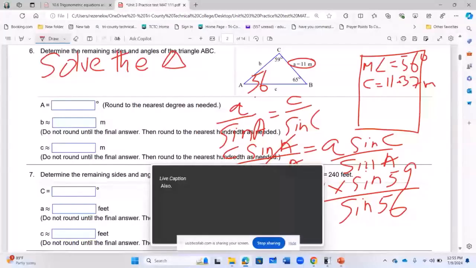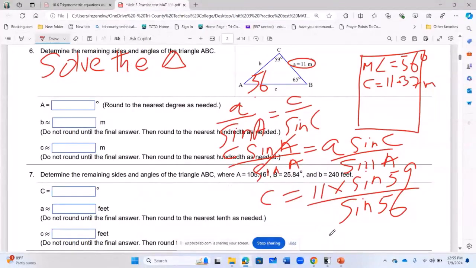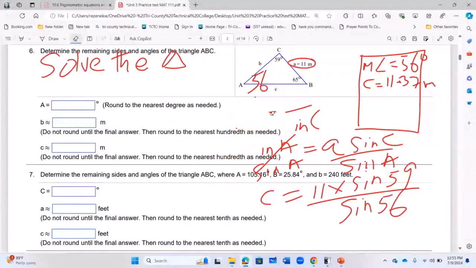Okay, so now I found that. I need to find B also. A is given to me. So I just found C. Now I need to find B. I'm going to use the sine rule again.